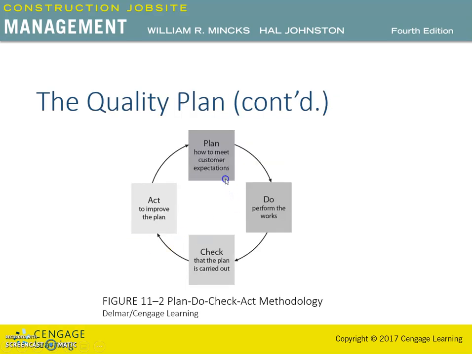So the plan phase includes the full plan of the company's program as well as the plan for the particular project's quality management. So the company's quality management plan should be a detailed written plan that covers the following areas. In this plan, there should be company commitment to quality management plan.